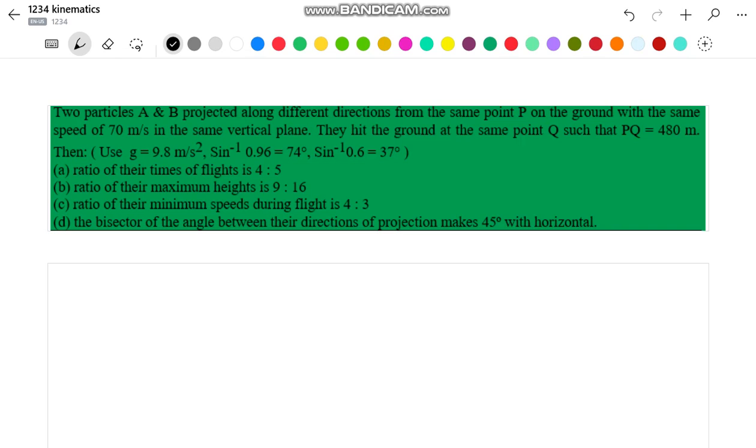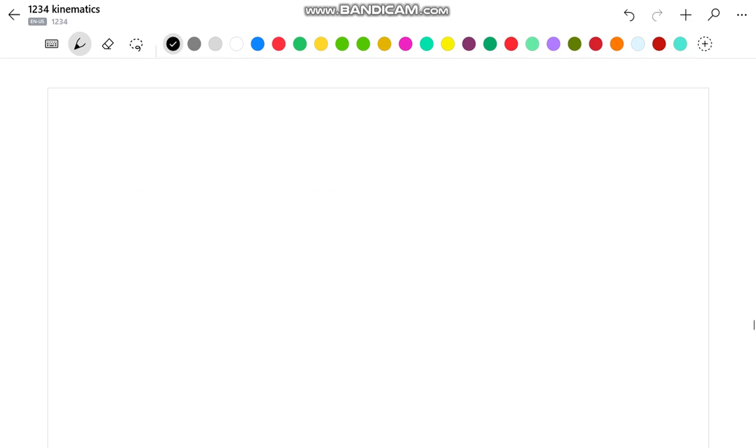Now some standard values are given in the problem and we have to find which of the following options are correct. So let us read out the conditions that are given in the problem. Just for the sake of comparison, we can draw these two conditions.